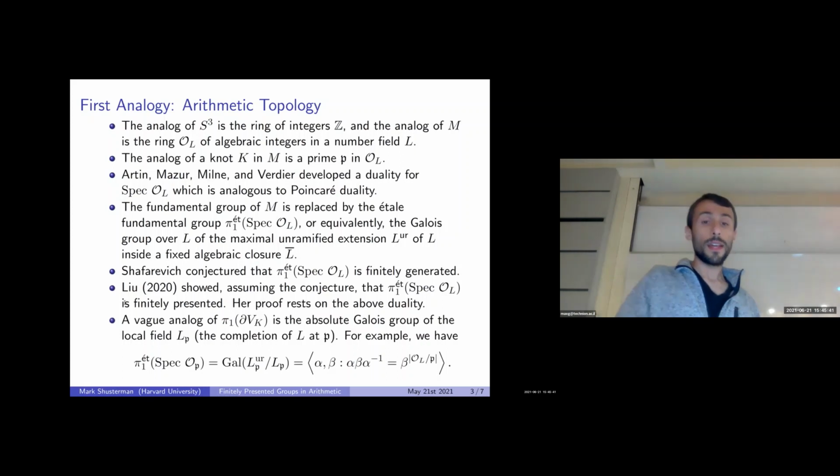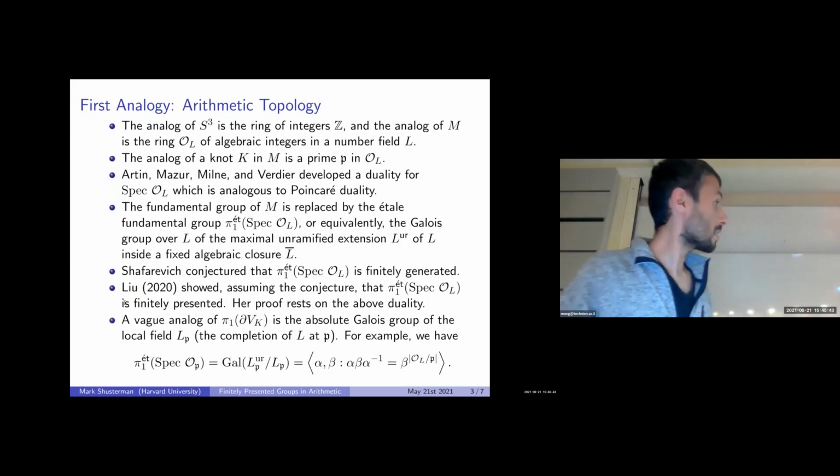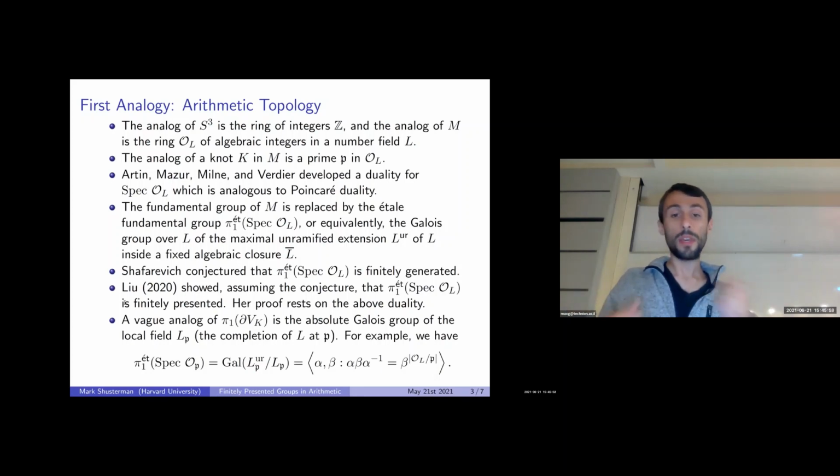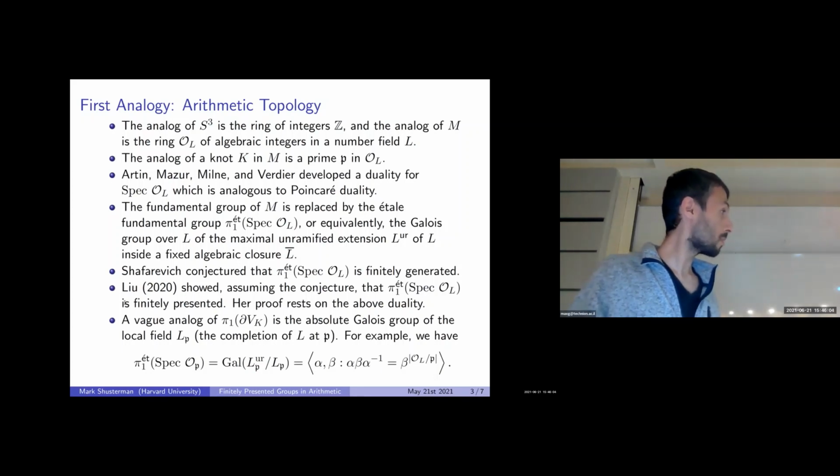All right, and now the analog of the last bullet, the fundamental group of the boundary of this tubular neighborhood. So in this sense, the analogy suggests, because the knot is analogous to a prime, maybe a reasonable analog is to look at the local Galois group.